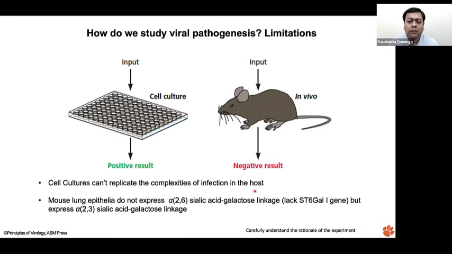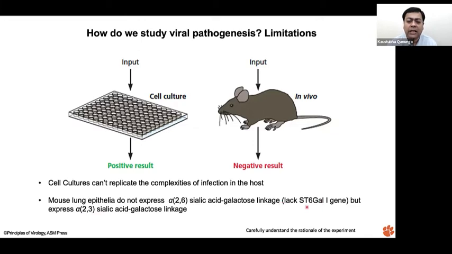Now, the experiment was done in mice where the ST6GAL1 gene was knocked out. This ST6GAL1 gene produces the alpha-2,6 sialic acid galactose linkage. So if you knock out this gene, the glycoproteins in the respiratory epithelia in your lower and upper respiratory tract are not going to produce the alpha-2,6 sialic acid galactose linkage. But the scientists were able to infect them with the influenza virus. So what does that mean? It was found that instead of the alpha-2,6 linkage, they express an alpha-2,3 linkage, which is different.